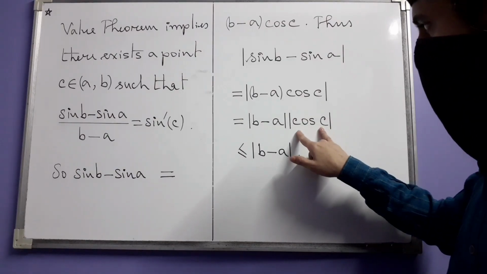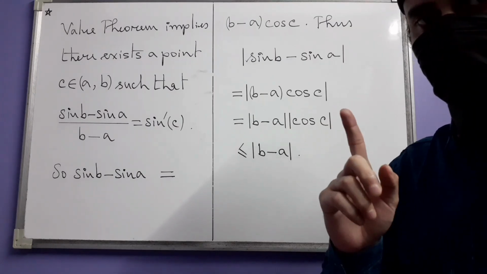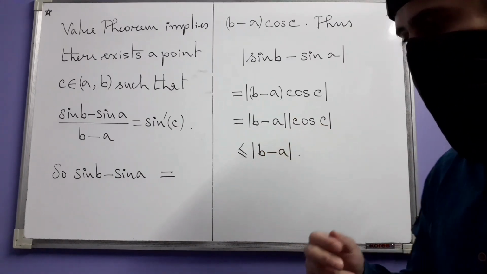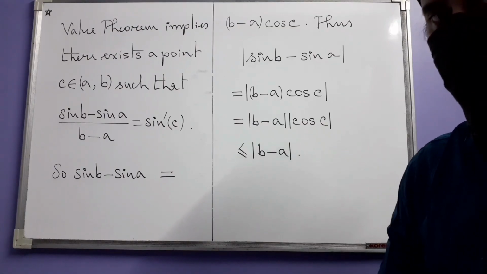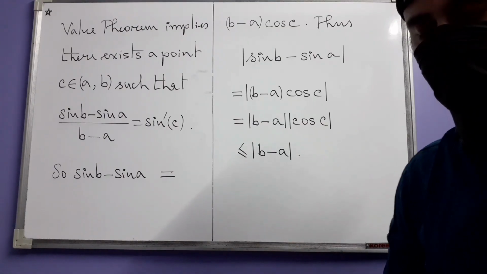Now we know something about this, namely that this is less than or equal to 1. That is why this product is less than or equal to the absolute value of b minus a. So in this case also we are getting the inequality. So this completes the solution.